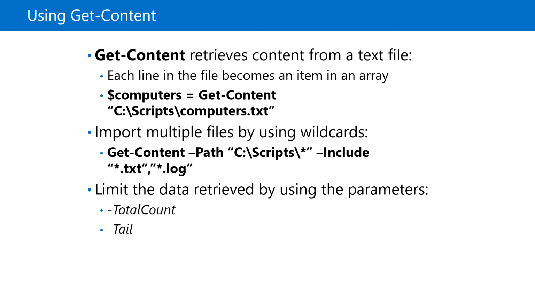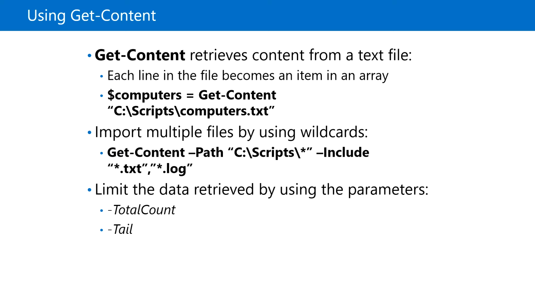In this example, using computers.txt, we can retrieve all the computer names from this text file, and we are storing that in the computers variable, which can be processed for all the items in computers.txt.